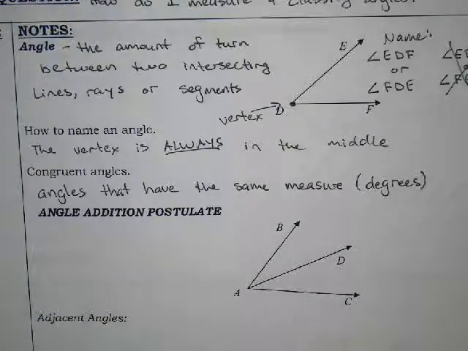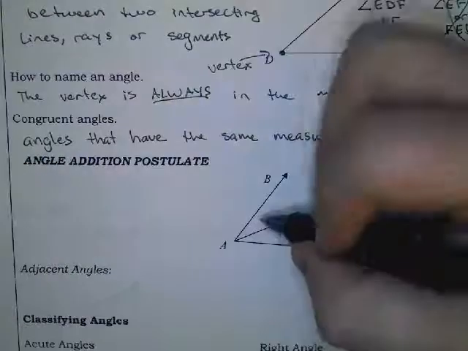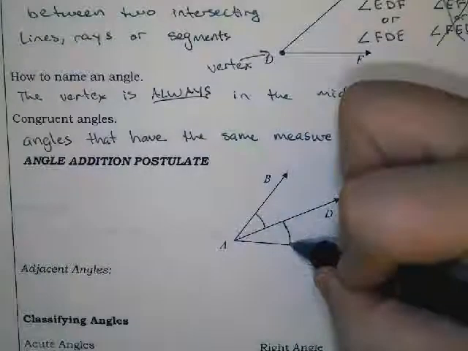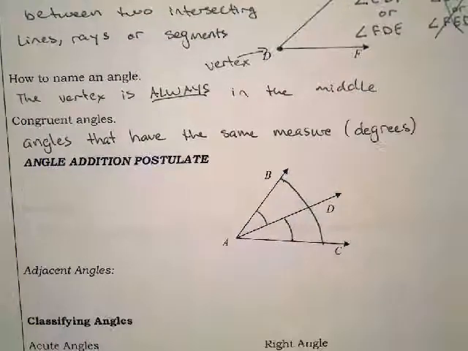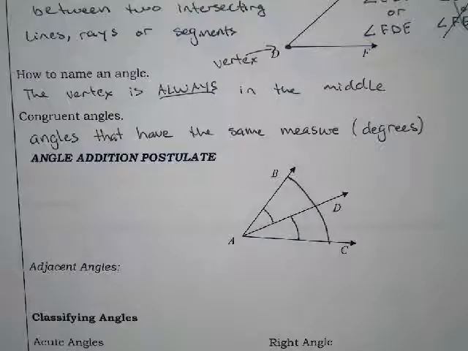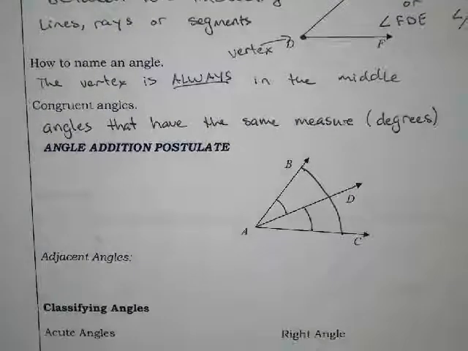So the angle addition postulate is quite similar to that segment addition postulate. If I add the two interior angles together, they will be equal to the one big angle. When you look at the picture, there should be some kind of sense that this makes.